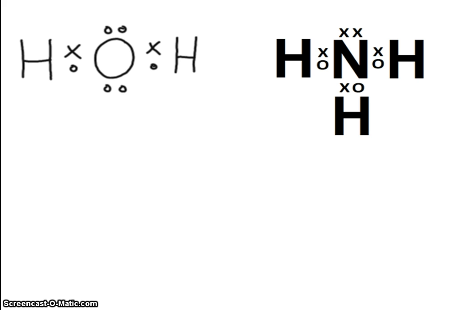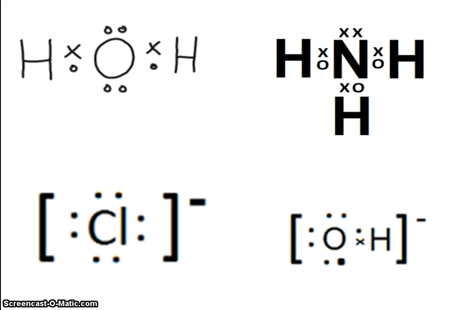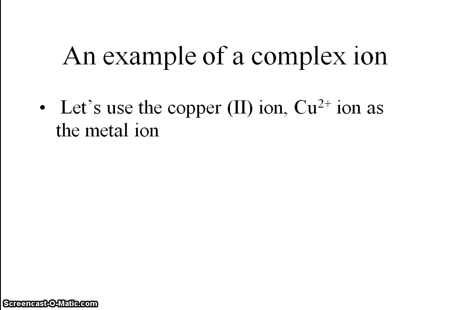Ammonia, again you can see the lone pair on the nitrogen. Chloride ion, a negatively charged ligand, has a lone pair on the chlorine. And hydroxide as well, lone pair on the oxygen. So all are ligands.